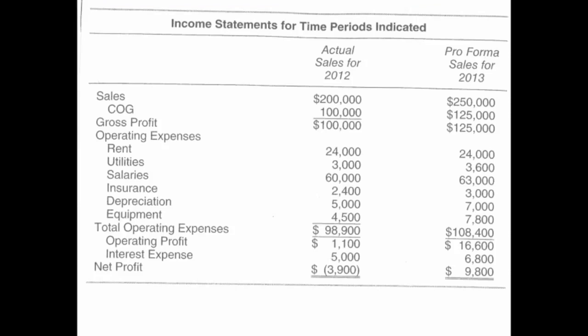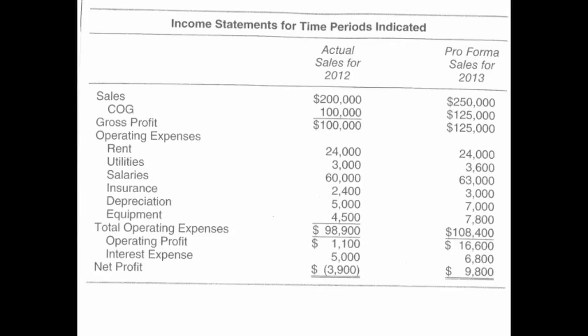This income statement begins with the assumption or forecast that sales will increase by 25% or $50,000 for 2013. Completing the remainder of the pro forma income statement is relatively straightforward if you understand the relationship that individual variable and fixed costs have with sales.